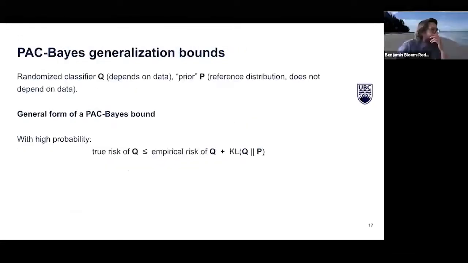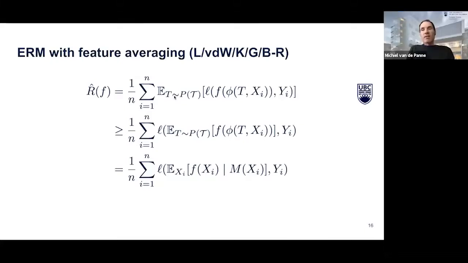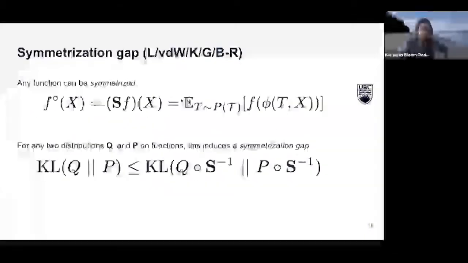So in practice, this expectation isn't taken exactly. There's a Monte Carlo approximation of this, right? Instead of applying every transformation, we maybe apply one or two or three. In fact, it doesn't even need to be exact.